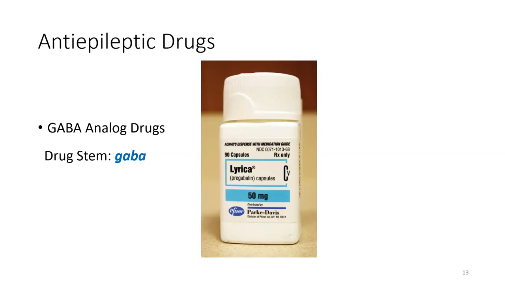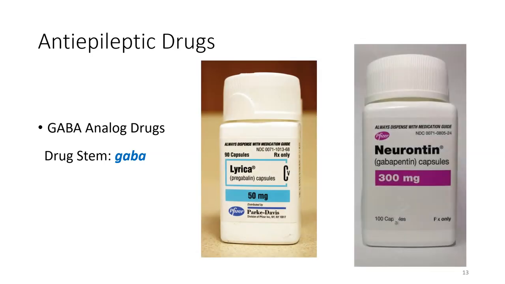Other GABA analog drugs have the drug stem of GABA. They're going to restrict nerve impulses and decrease nerve irritability. The drugs are used to treat simple partial seizures and complex partial seizures. Gabapentin, which is Neurontin, is not a scheduled drug, but pregabalin is.